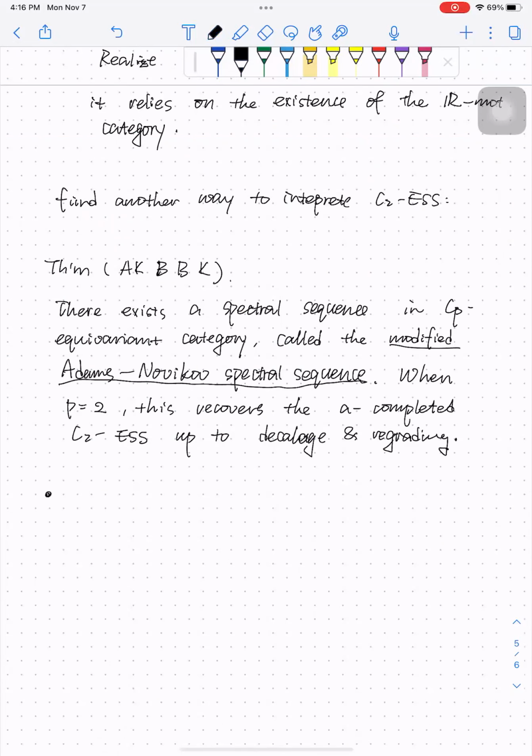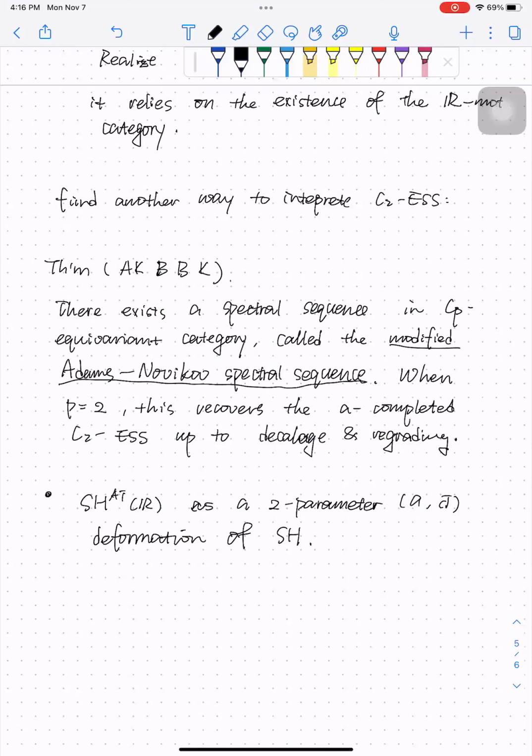that we can think of it as a two-parameter deformation of the classical SH. So you think of the Artin-Tate category as a two-parameter deformation of SH. And then you have two parameters.